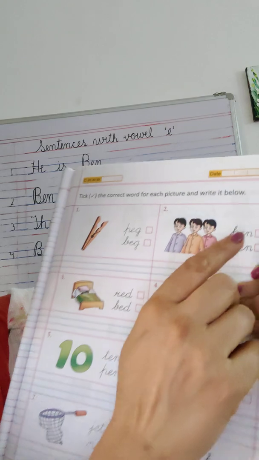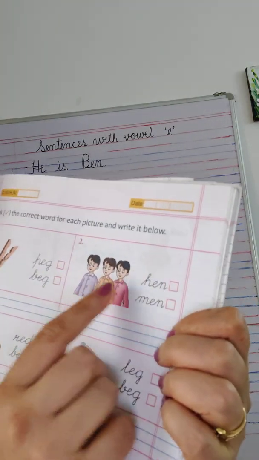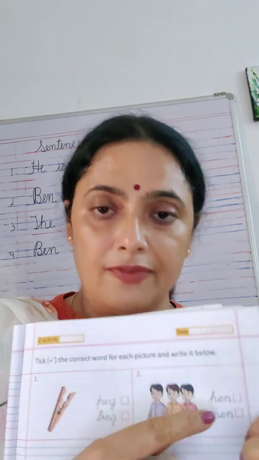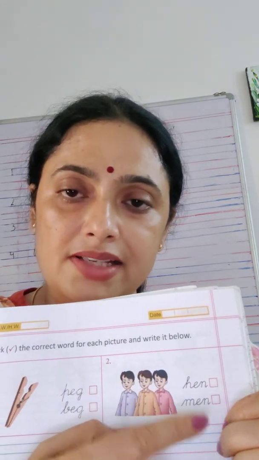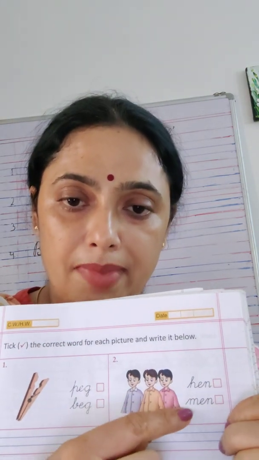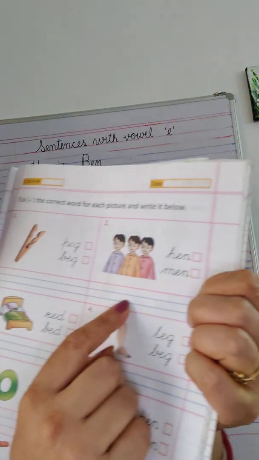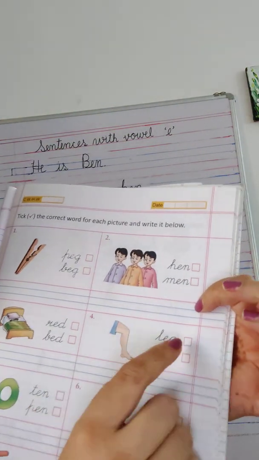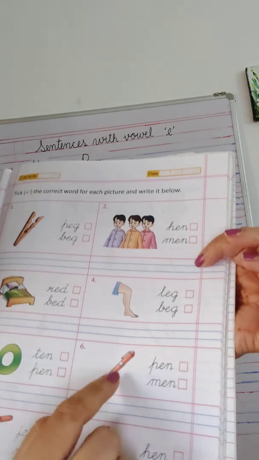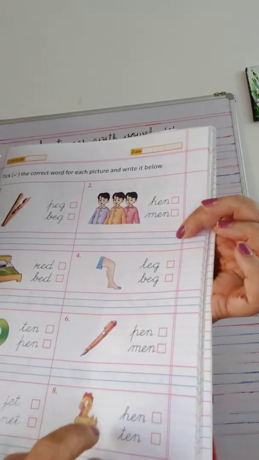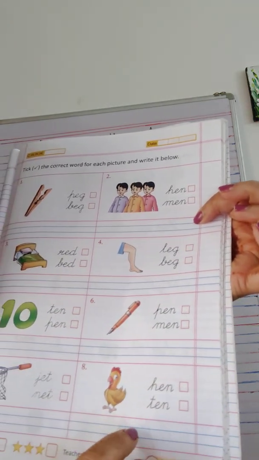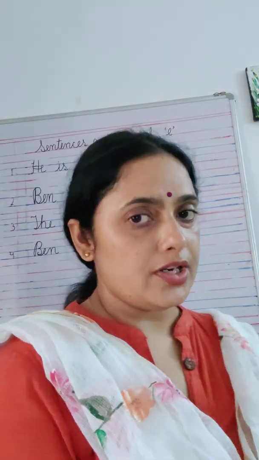Hen or men? Men. M-A-N is one man, and M-E-N means more than one. Leg, pen, hand: take the right word and write it here. So these two pages you are going to do from your book Cursive for Junior.